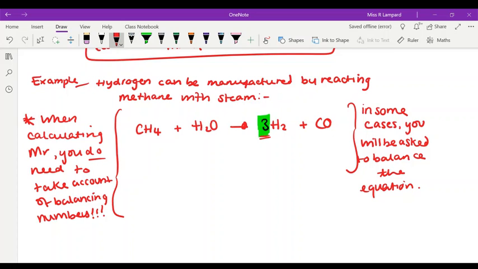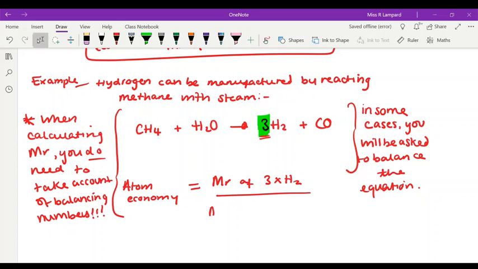So using our equation then, the atom economy is essentially equal to the Mr of 3 times H2 divided by the Mr of CH4 and H2O.